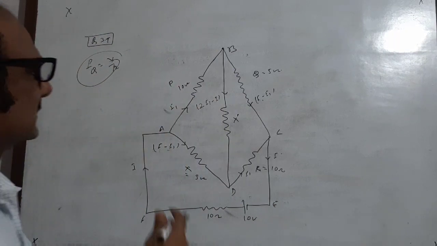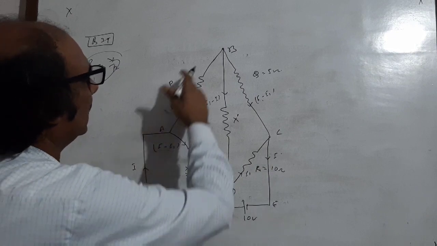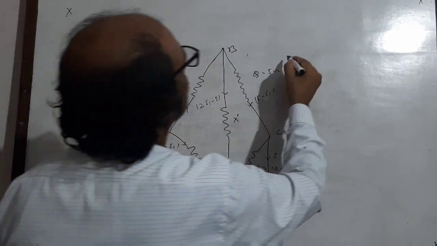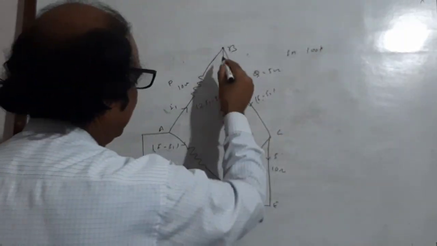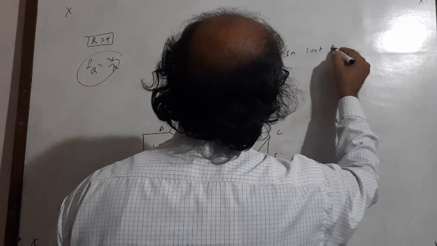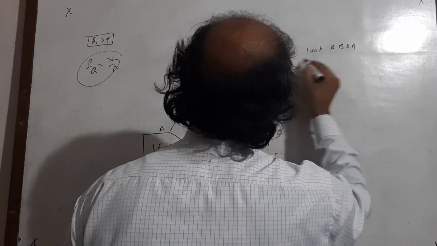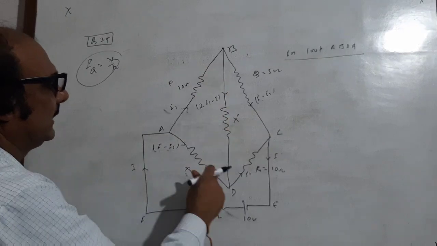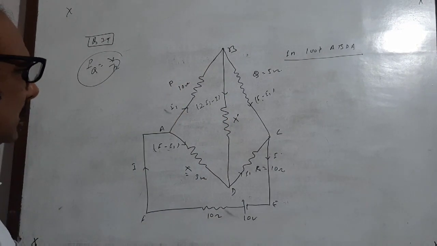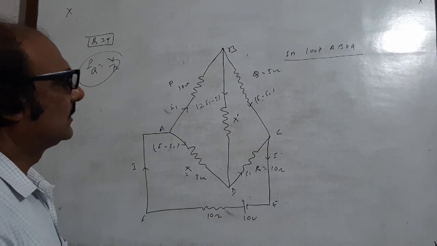Using the voltage rule, apply the second law and take one loop, meaning in loop ABDA. It is very necessary to mention that there are no cells connected. That is why the total voltage is equal to 0.